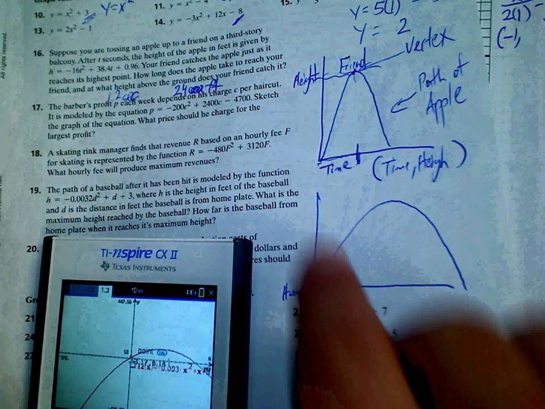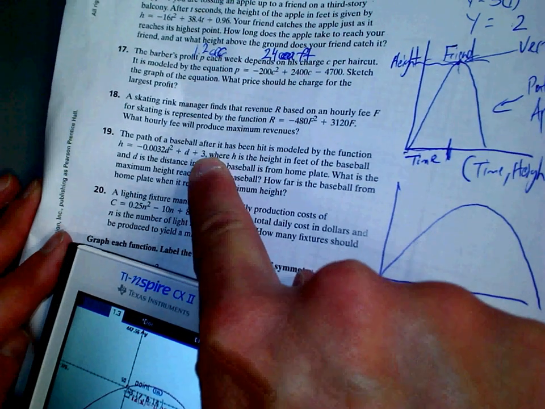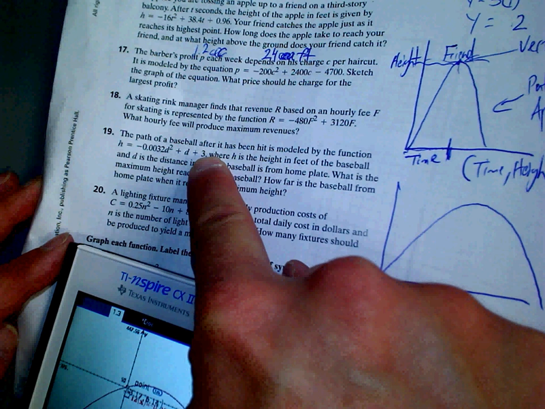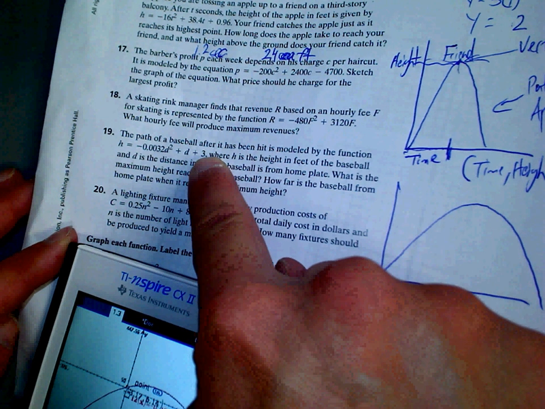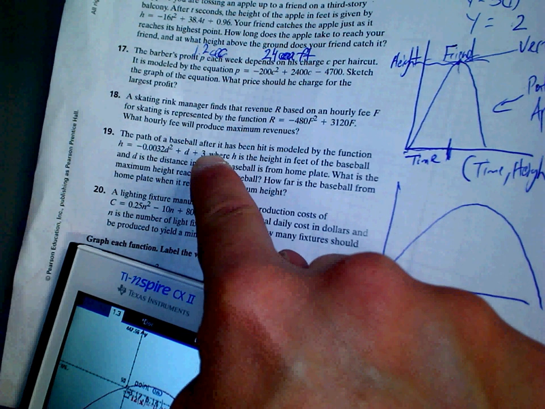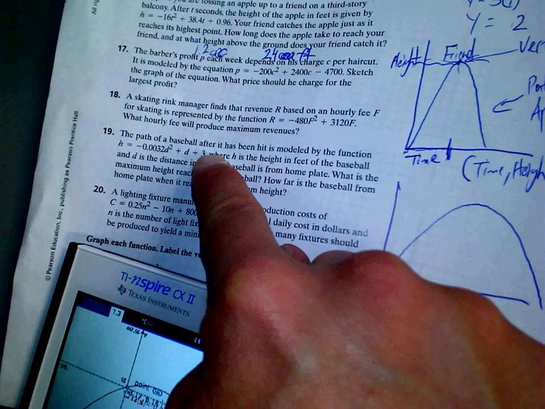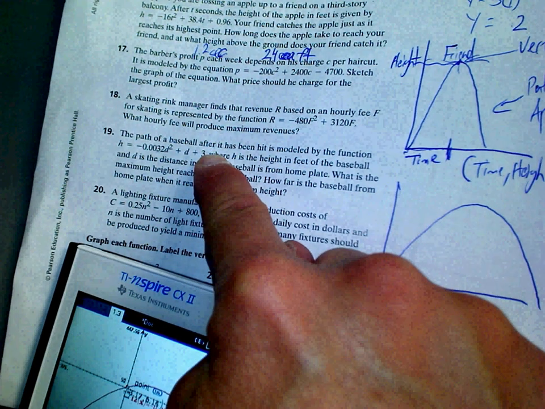It touched, that means before it traveled any distance, it was at 3. Somebody tell me why. Yeah. He hit the ball in the air, didn't he? He didn't hit the ball off the ground like a golf ball. The ball was pitched to him. So the ball was 3 foot above the ground. Perfect distance.